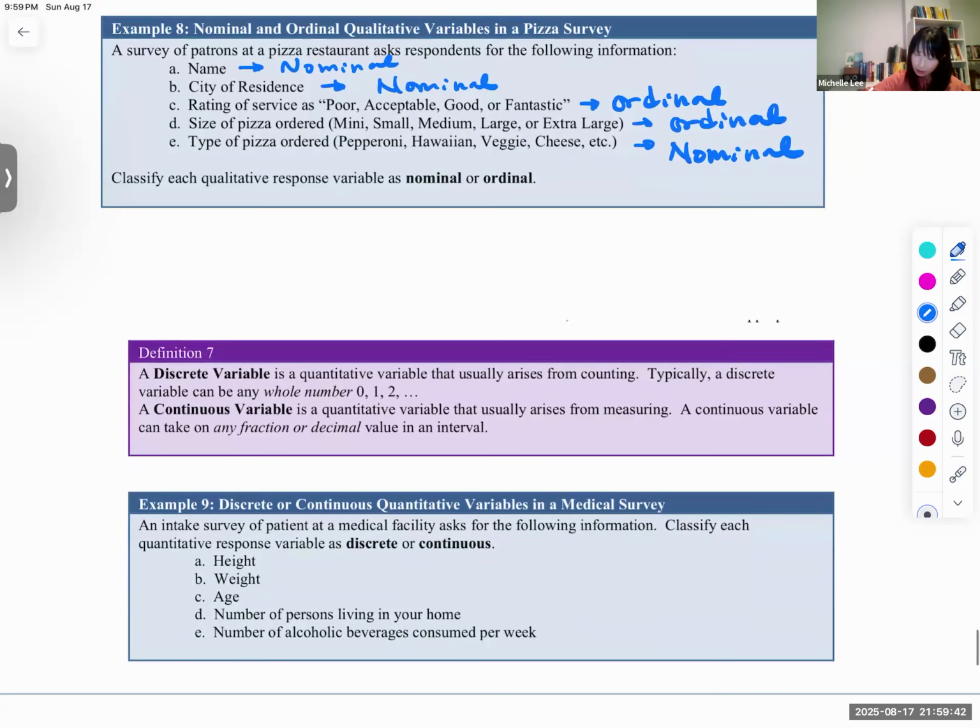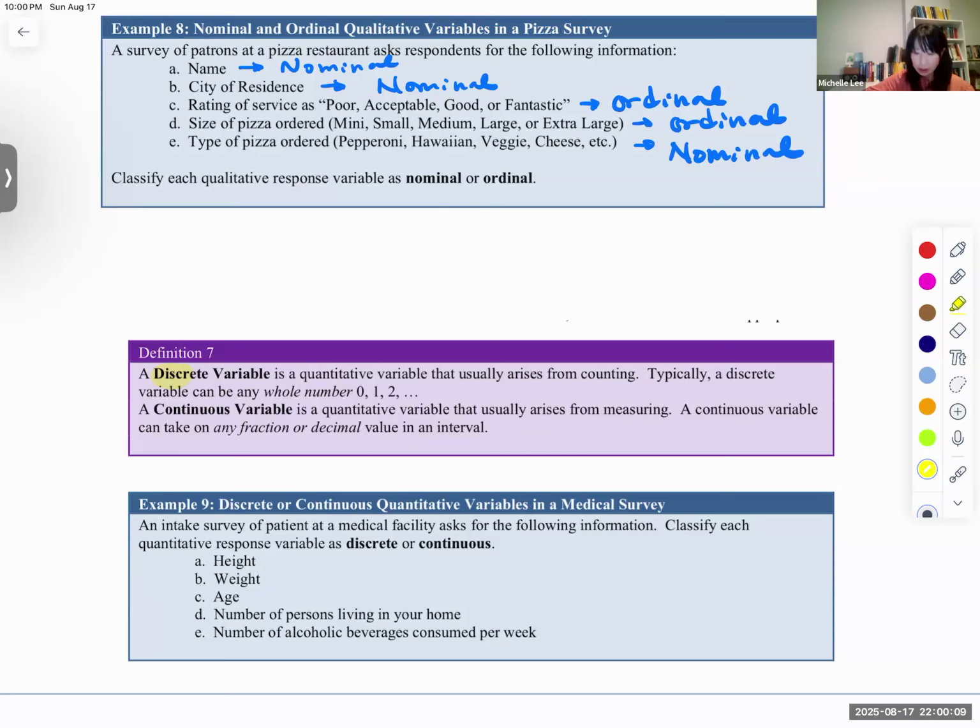In the quantitative variable, we have discrete and continuous. So what is discrete? Discrete is like a whole number; it's a number we can count.